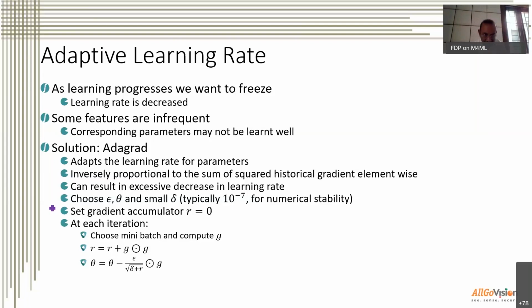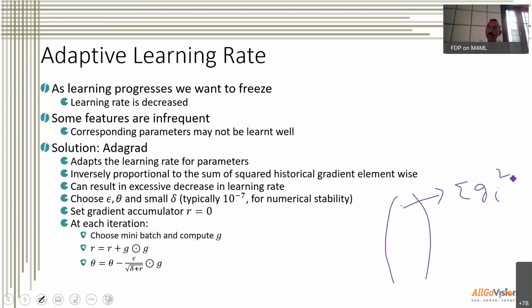What I mean by that is that I maintain a vector where the first term is nothing but the sum over all iterations of g0 squared. Then the next term is the sum of g1 squared, and so on and so forth. So I maintain the historical gradient element-wise, right?